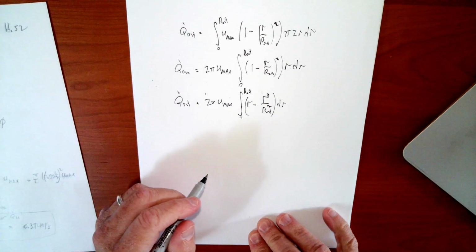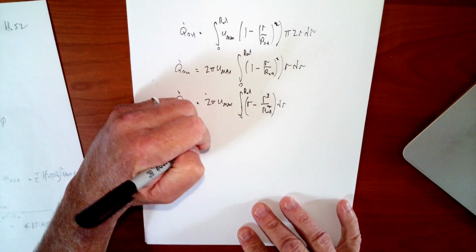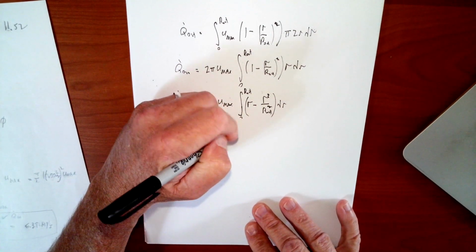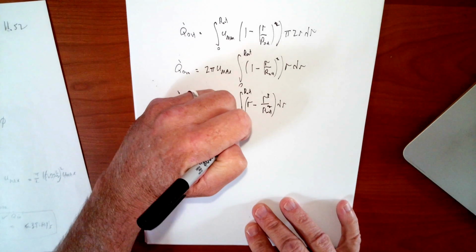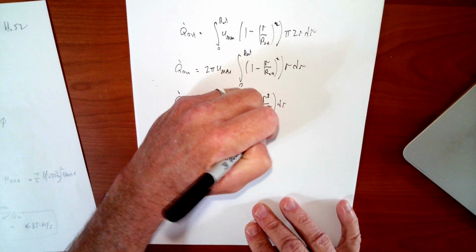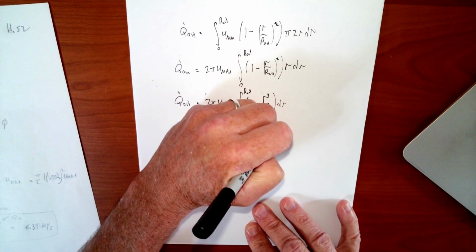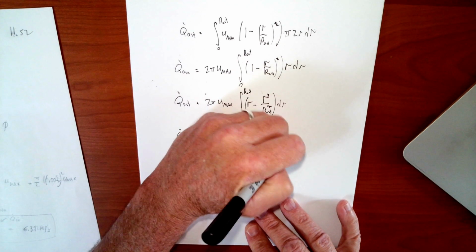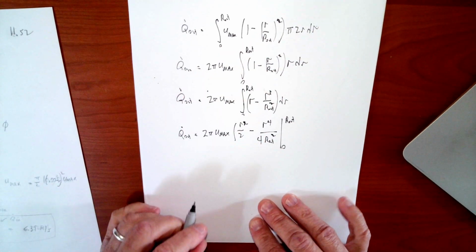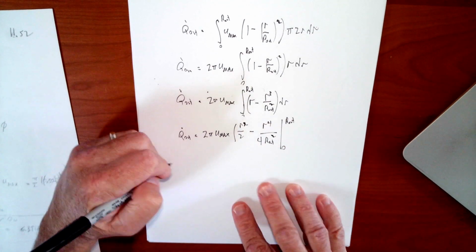So now I can take that integral. Q dot out is equal to 2 pi U max, and the integral is, of course, R squared over 2 minus R to the 4th over 4 R out squared, evaluated at 0 and the maximum radius. Okay, then I can apply my limits of integration.